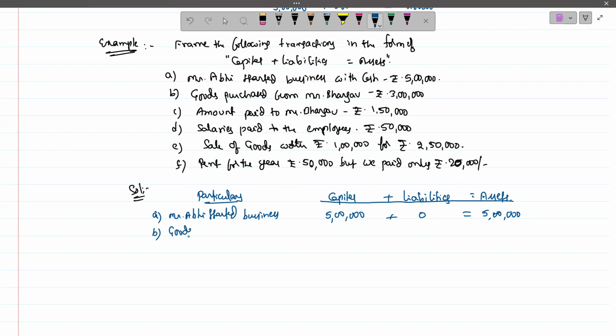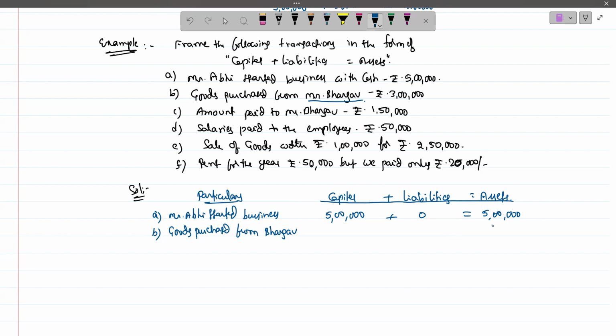And next one, goods purchased from Mr. Bhargav. Here, this is a credit transaction because only the name of the person is mentioned, but nowhere do we have the word cash. So it is a credit transaction. First we purchase the goods, that is, we receive the goods. Goods are nothing but an asset.